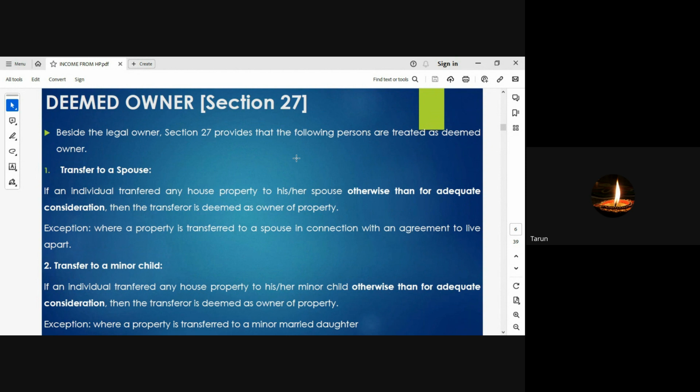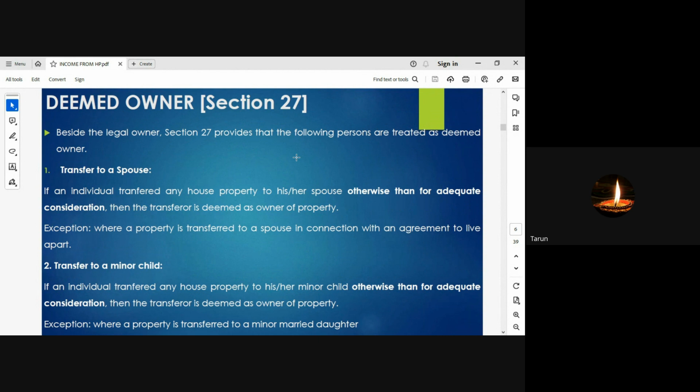These particular cases exactly explain the meaning of deemed owner. If we talk about transfer to a spouse, any individual has a legal right to transfer his own house property to his wife other than for adequate consideration, and such transfer is deemed as owner of the property.